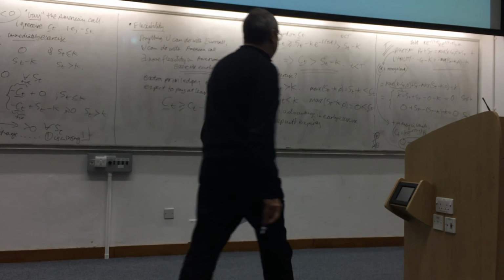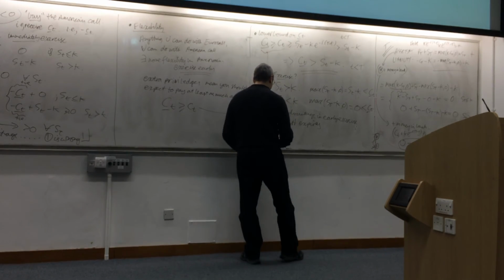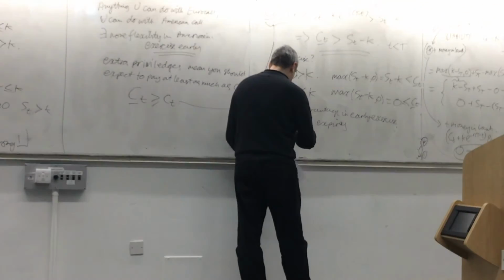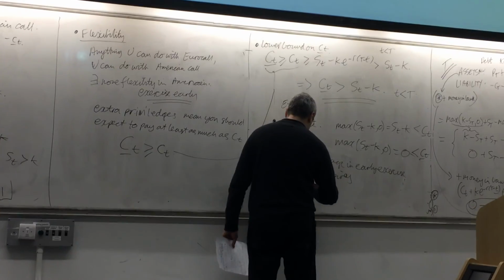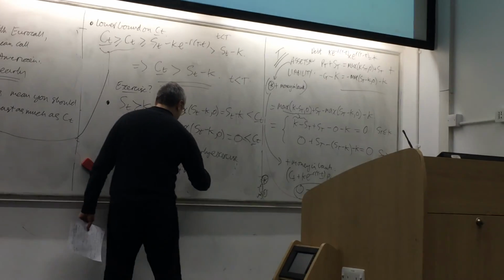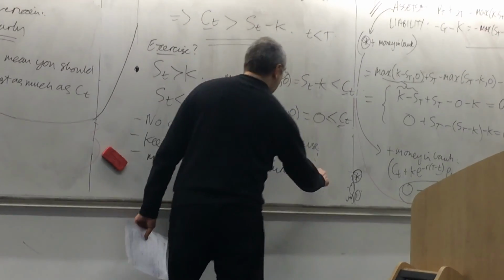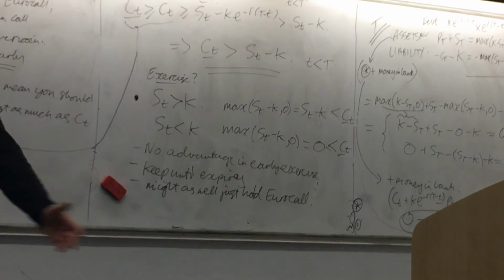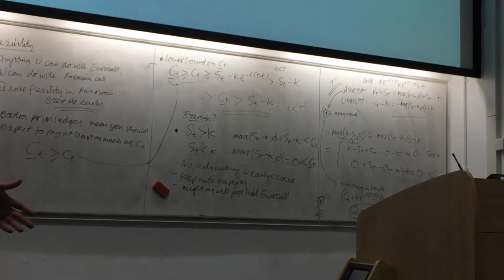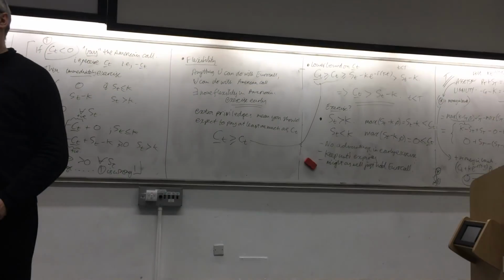I might as well keep it until expiry, and so I might as well just hold a euro call. If I hold that until expiry, it's just the same as holding a euro call. If I'm only going to exercise at expiry, I could have just bought a euro call.